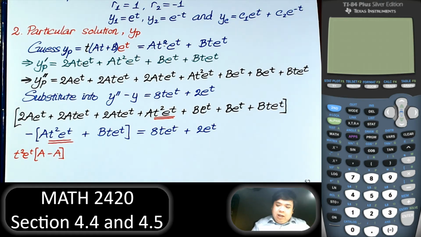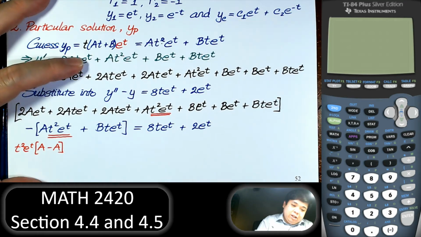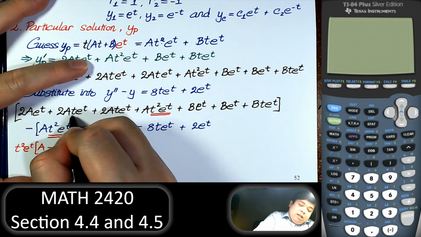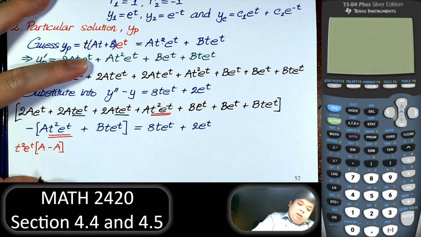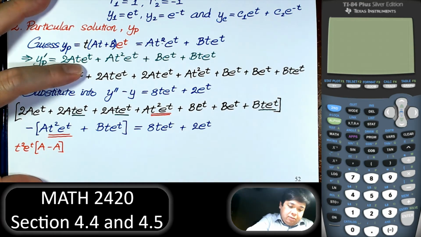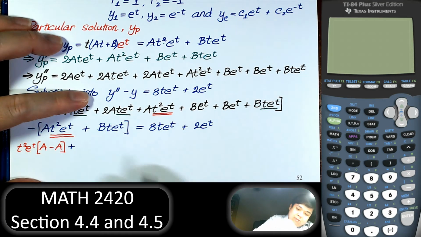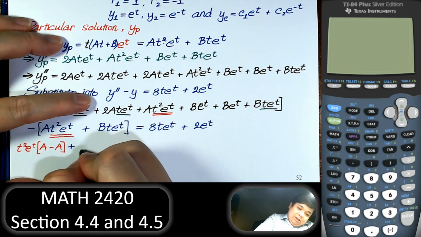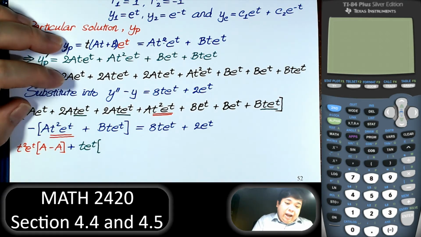That's the first thing. Second, what else? t e to the t. How many do we have?